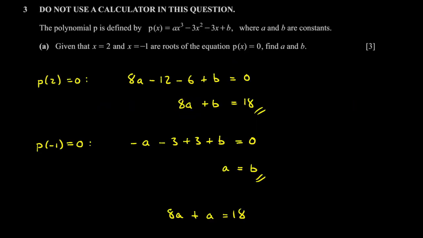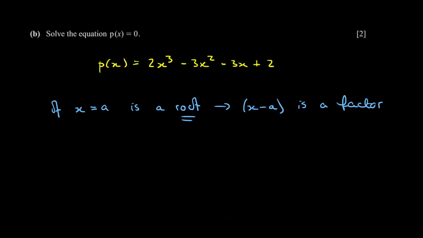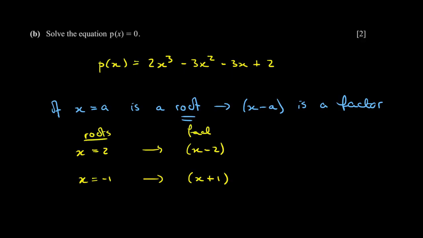We are told that 2 is a root and -1 is a root, right? So since x equals 2 and x equals -1 are roots, that therefore means that x minus 2 is a factor, and x minus -1, which is x plus 1, is also a factor, right? So we've got the roots over here, and that means that we've got the factors that correspond to those roots.